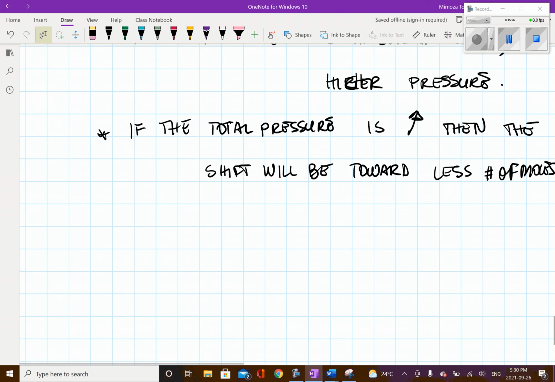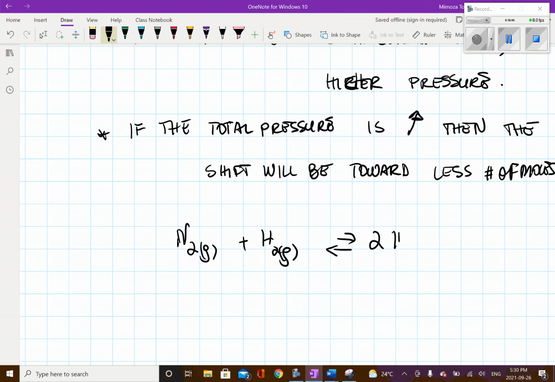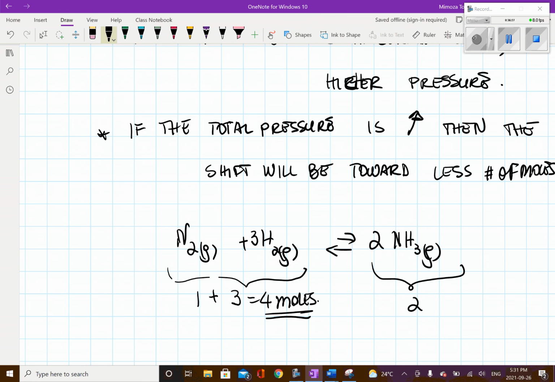So let's suppose that we have nitrogen gas plus hydrogen gas, which will give you NH3 gas. Okay, so now this will be 3. On this side of the reaction, what do we have? 1 plus 3, 4 moles of gas. And on this side of the reaction, we have 2 moles of gas.